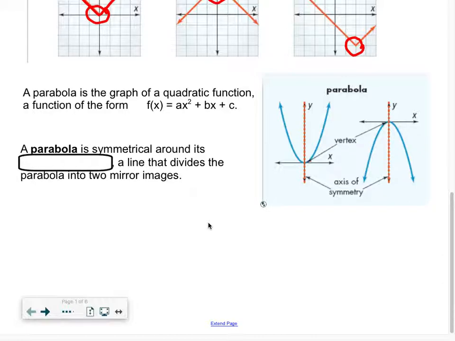So a parabola is symmetrical around my next blank, axis of symmetry. Instead of writing out axis of symmetry, a lot of times I just write AOS because it's easier.